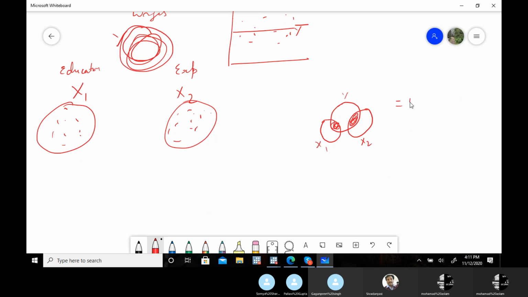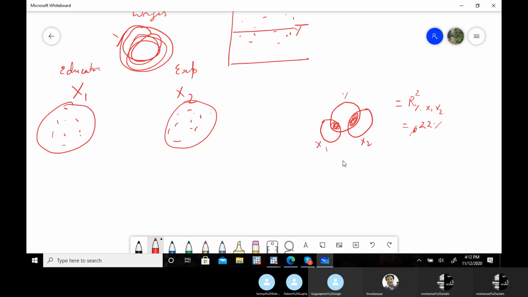That is actually our capital R square. Explained variation by total variation. And in this case, we have this 22, right? 22%. That only 22% of the variation in the dependent variable is explained by independent variables.